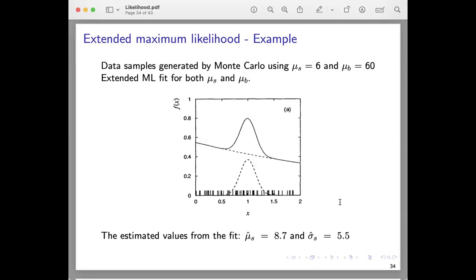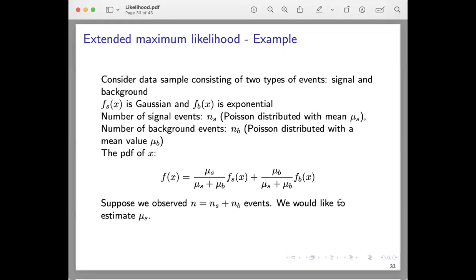Is it understood? Sir, in the previous slide, you wrote f of x is equal to mu s by mu s plus mu b. I don't understand the normalization factor, why the means are here. Because the PDF has to be normalized, right?